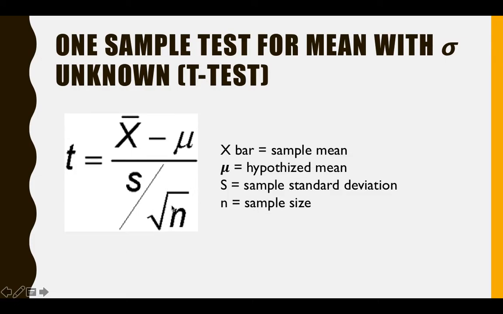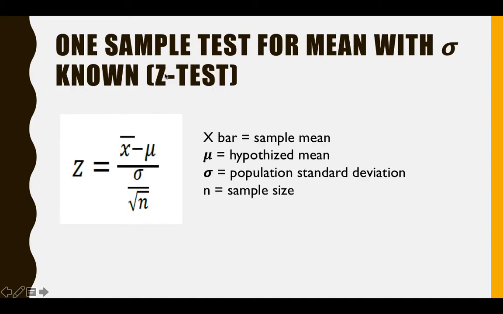If you notice, the difference between the z-test and the t-test is the standard deviation: the t-test formula uses the sample standard deviation, whereas the z-test formula uses the population standard deviation.